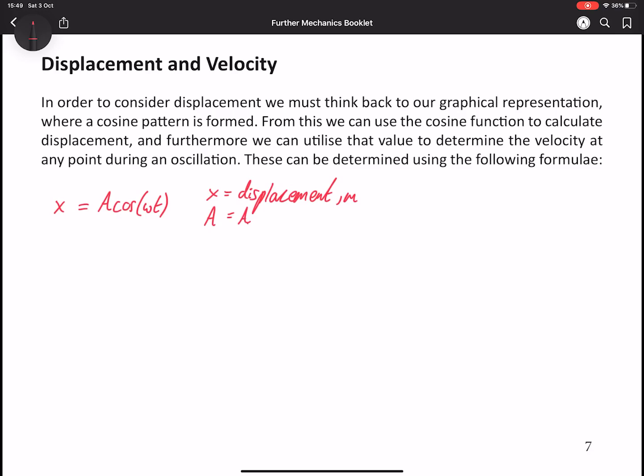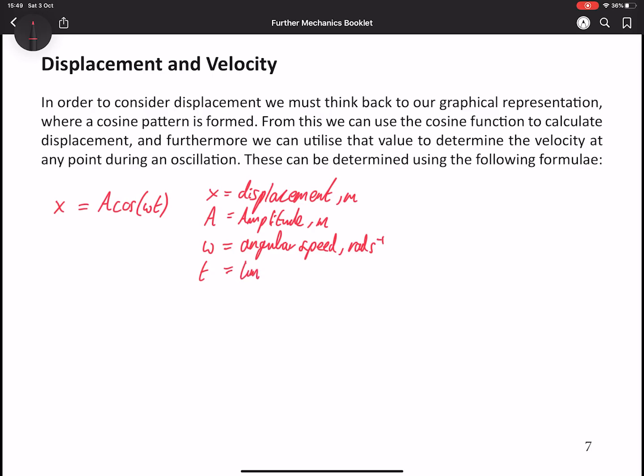A is our maximum displacement, known as the amplitude, again in meters. And the cosine function is acting on the angular speed, omega, again measured in radians per second, and time, measured in seconds, which cancels out those units.